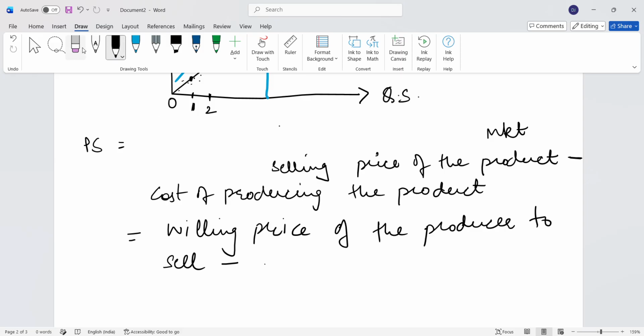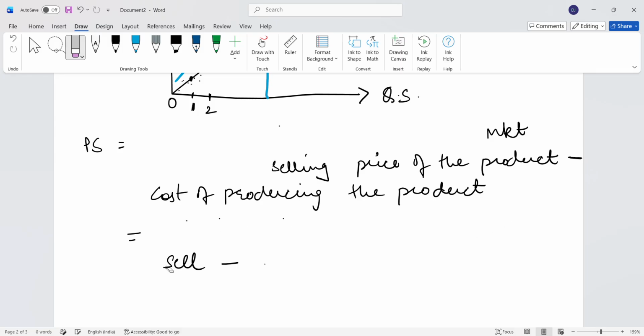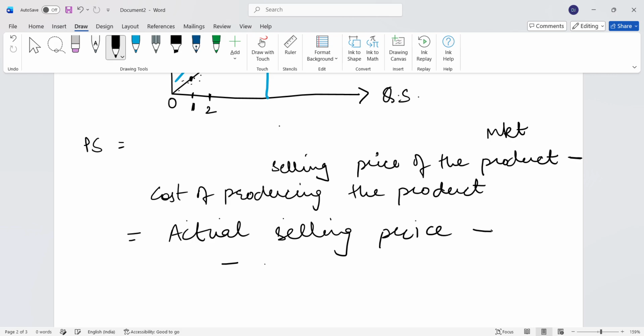And here also it would be not this, it would be the actual selling price minus the willingness price of the producer.